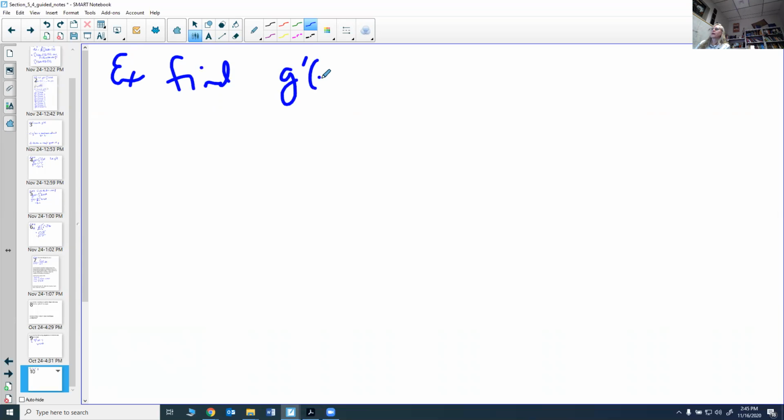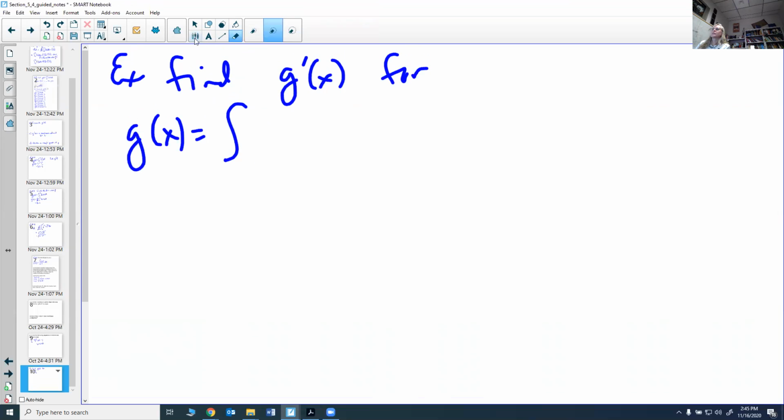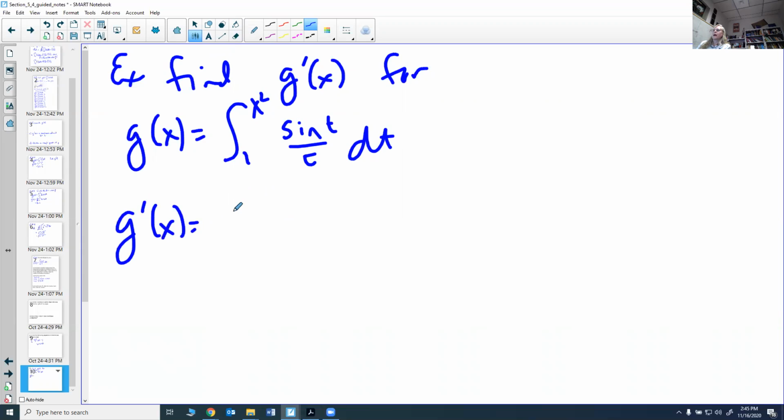Find g prime of x for g of x equaling the integral from 1 to x squared of sine of t over t dt. We'll just use that one again. So I want to find g prime. Again, that's the derivative of the integral.